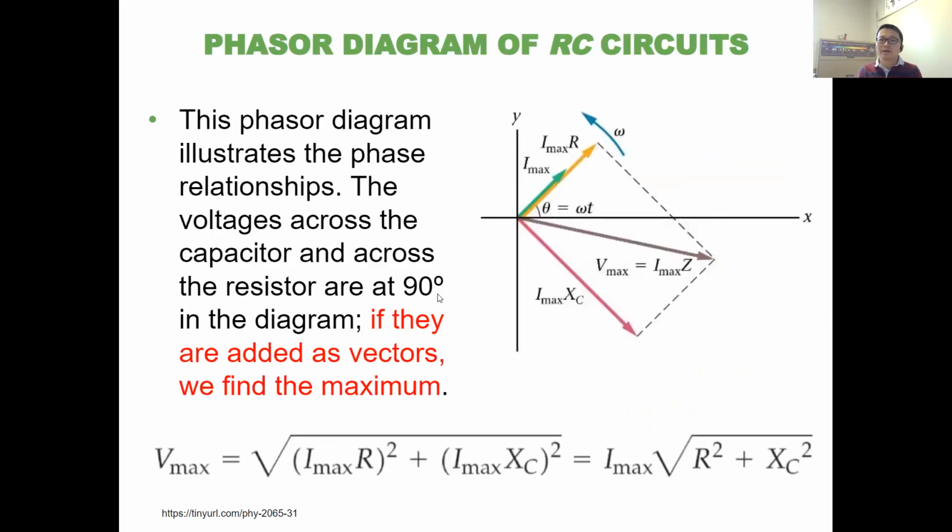So if you have an RC circuit in an AC circuit, the overall current should be the same because they are in series.